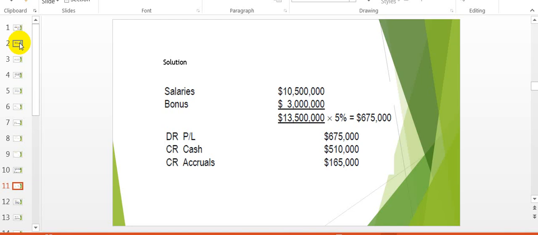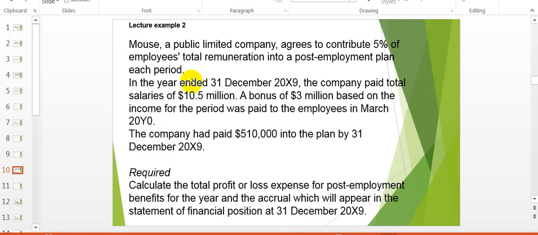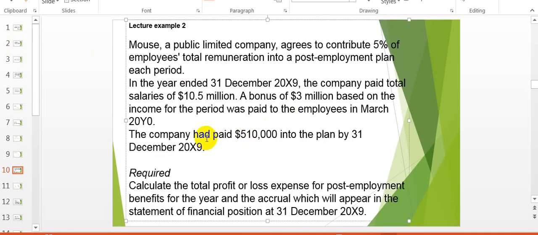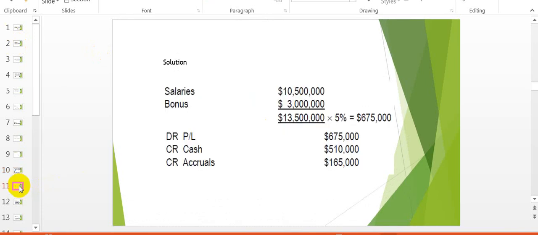Out of this 675, the entity has only paid 510 into the plan, so they have to show an accrual of the difference. So 675 minus 510, an accrual of 165 will be shown in the statement of financial position.